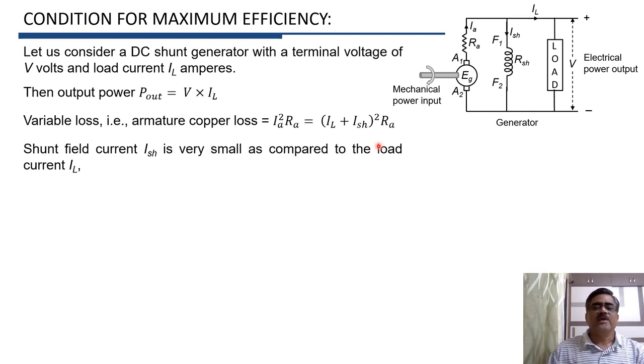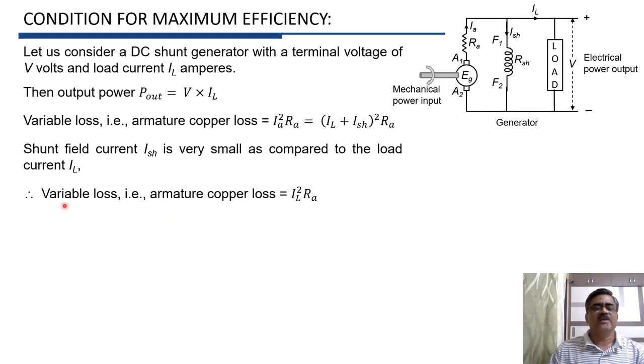Now here the shunt field winding current ISH is very small as compared to the normal load current IL, and therefore this ISH can be neglected. So if ISH is neglected, then variable loss, that is armature copper loss, is equal to IL square into Ra. So here in this generator, variable or armature copper loss is equal to IL square into Ra.